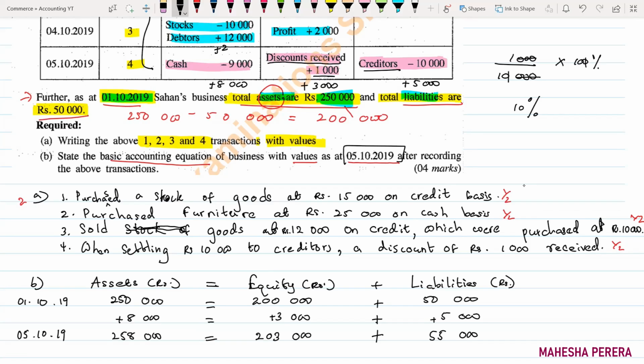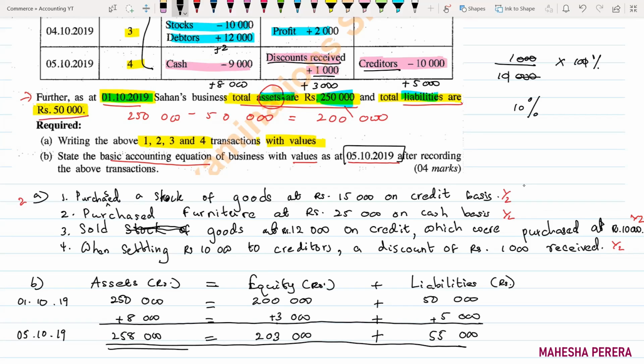Yes, of course, right? Assets total is equal to equity plus liabilities. Now you can put a line here for you to show them that you are adding the above two values. And for the answer, we can put double lines, right? That's it. Right, my lines are crooked, right?